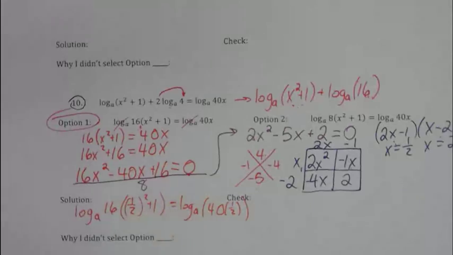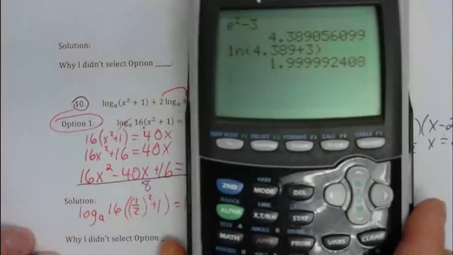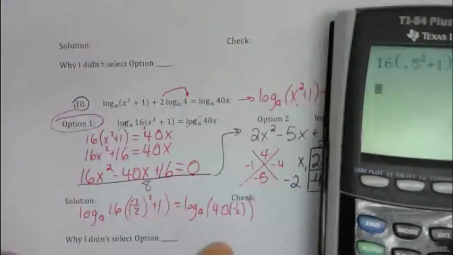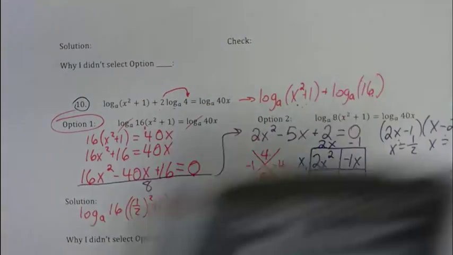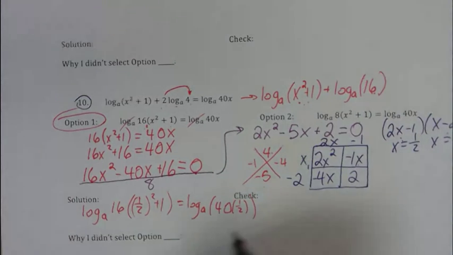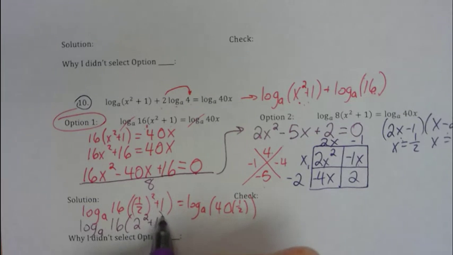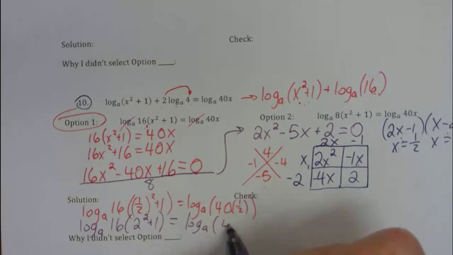So I just need to basically figure out on my calculator if 40 times 1/2, or 20, is going to be equal to what this is. So I'm going to check that now. So I can do 16 times 0.5 squared plus 1. Well, that equals 20, and that's what 40 times 1/2 is. So let's check our 2 as an answer. So we're going to do log base a of 16 times 2 squared plus 1, which should be the same thing as log base a of 40 times 2.